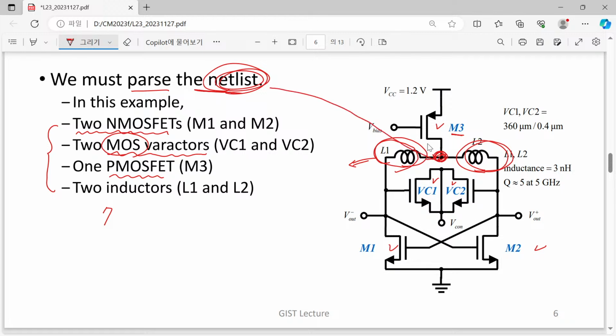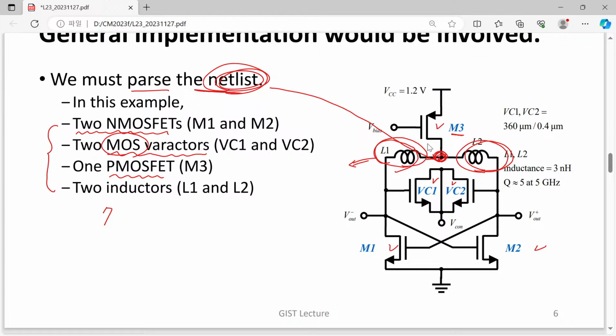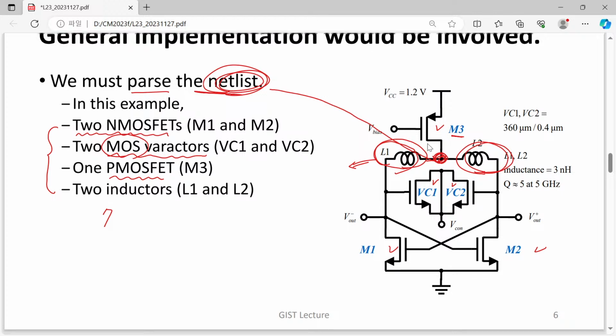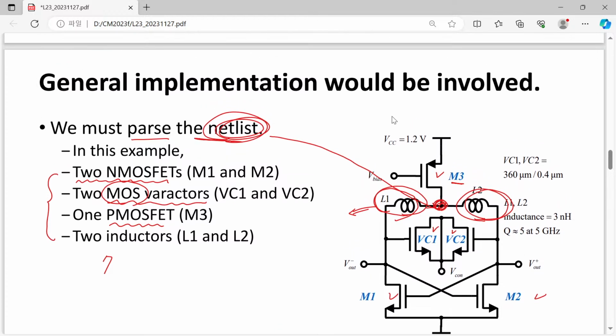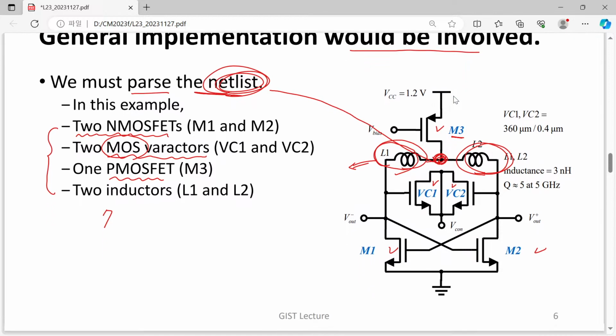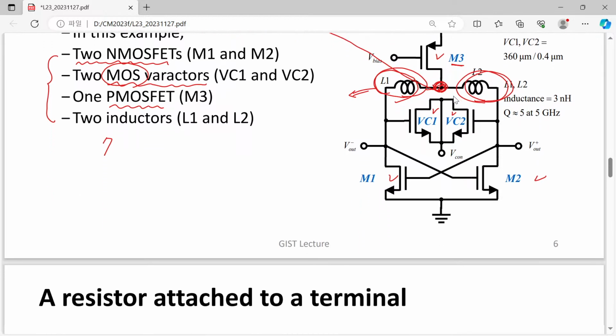That will be a relatively long file, and it should be parsed in reality. However, implementation of this parsing capability would be quite involved. I think that this is a little bit beyond the scope of this course, which is mainly focused on the device simulator.